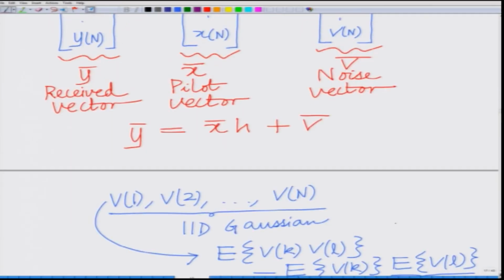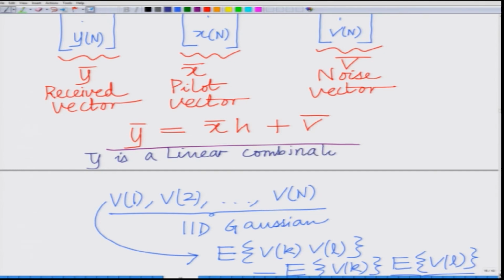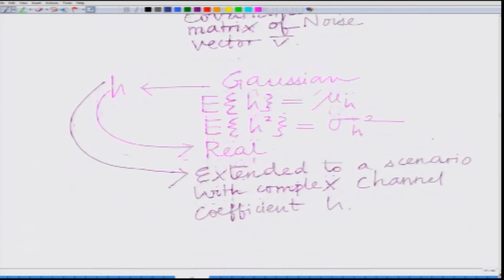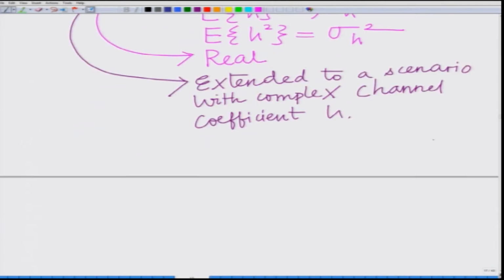If you look at this, y bar is a linear combination of h and v bar, and since h and v bar are Gaussian in nature, the output vector y bar is also Gaussian in nature.